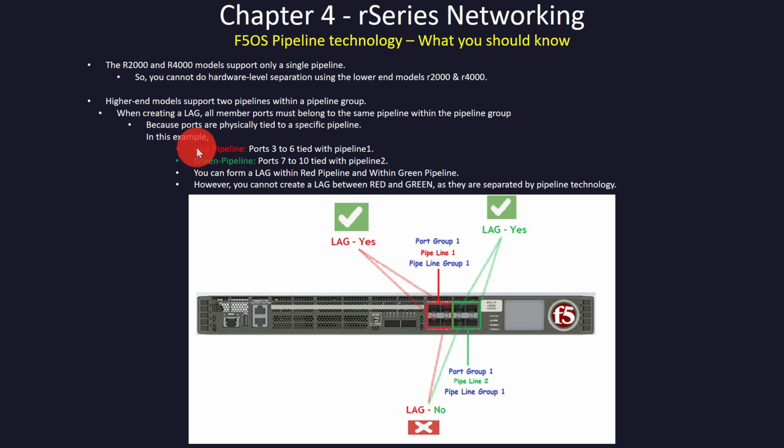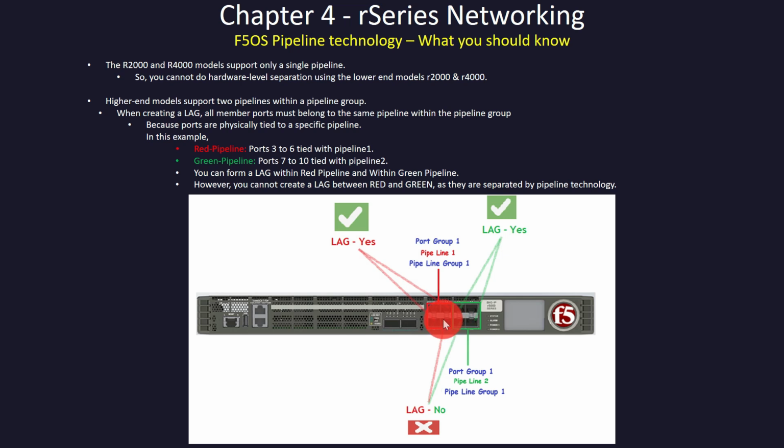In this example, there are 2 pipelines. Ports 3 to 6 are tied to pipeline 1, which we call the red pipeline. Ports 7 to 10 are tied to pipeline 2, which we call the green pipeline. You can form a LAG within the red pipeline or within the green pipeline.